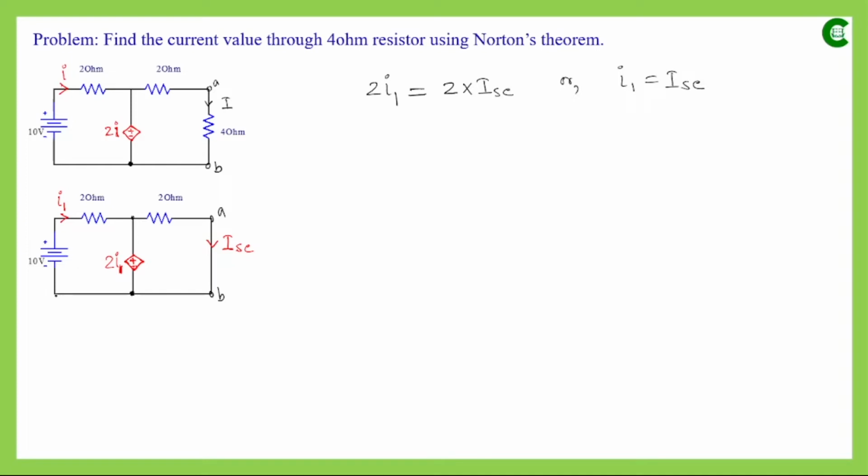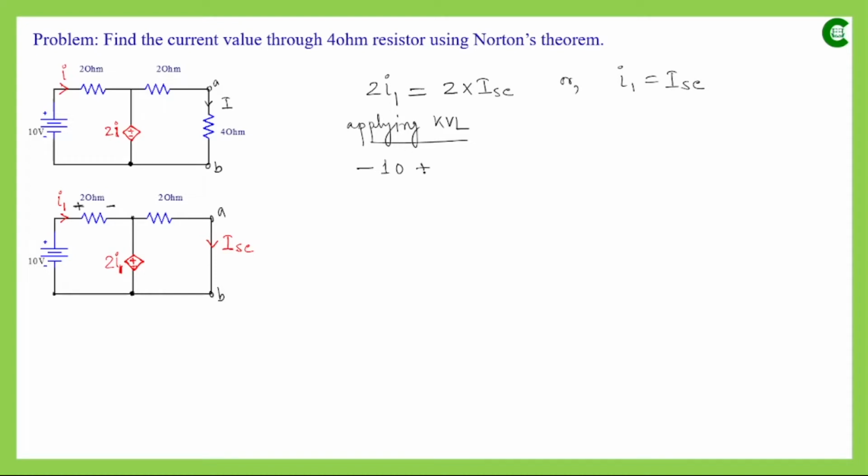In this loop, if we start traversing from this point, we are traversing this voltage source from negative terminal to positive terminal, and if that convention is taken as negative, then after applying KVL the equation from that loop will start with minus 10. Then the voltage drop across this resistor will be 2 multiplied by I1. Since current flows from higher potential to lower potential, with respect to the direction of current this will be plus and this will be minus.